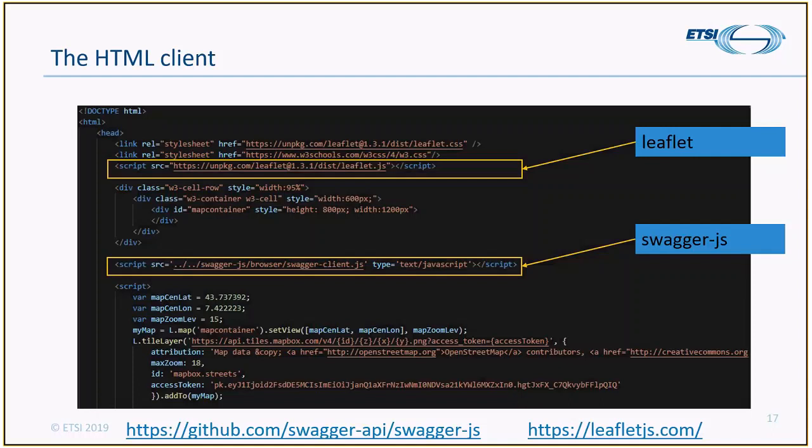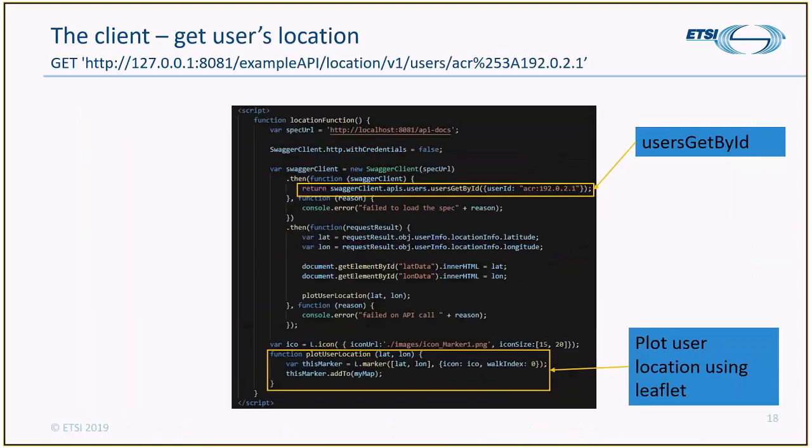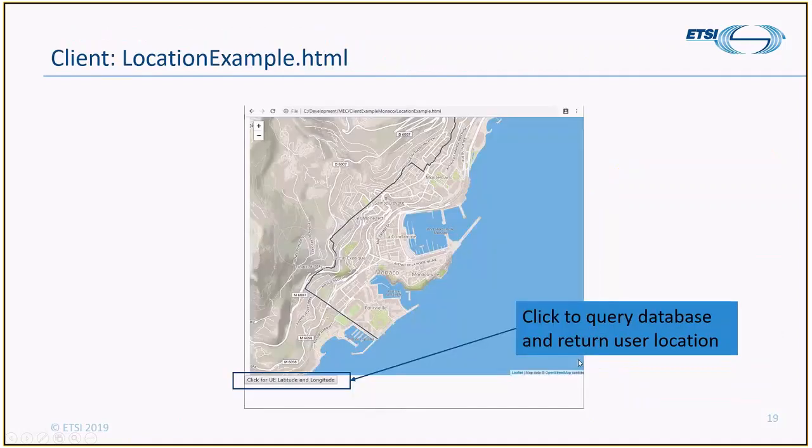I've also used Leaflet.js, which is the JavaScript library for generating interactive maps viewable through a web browser. Now we can see the actual requests, so get users by ID again, and then the call to plot the location. So once these edits have been made, we can actually load the HTML page and invoke the query.